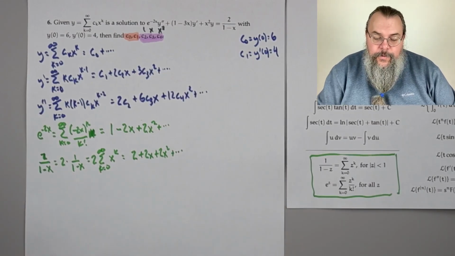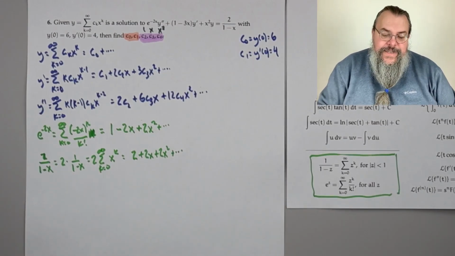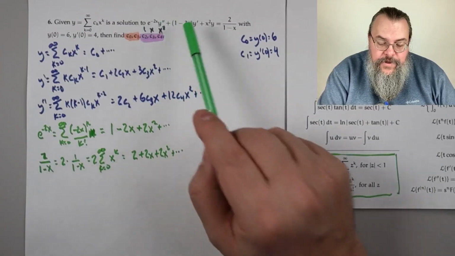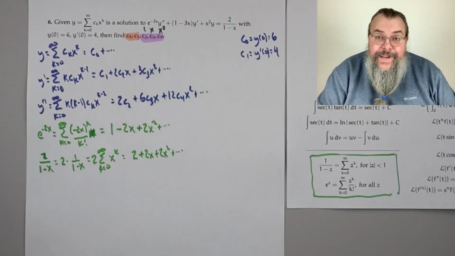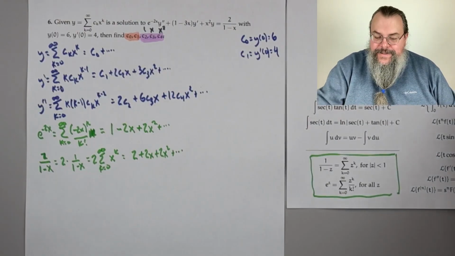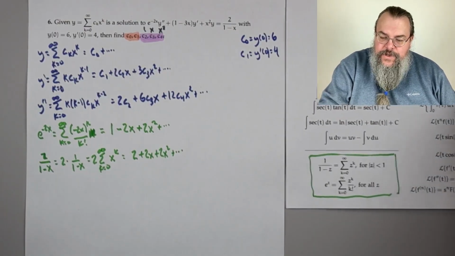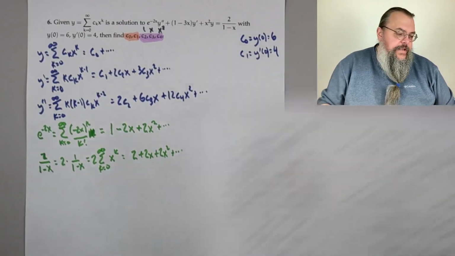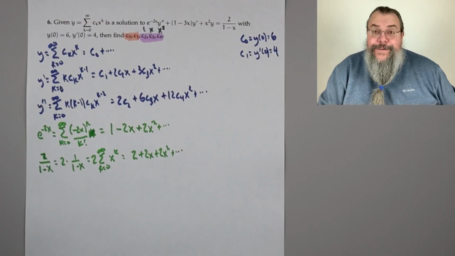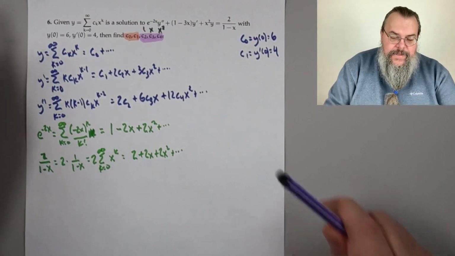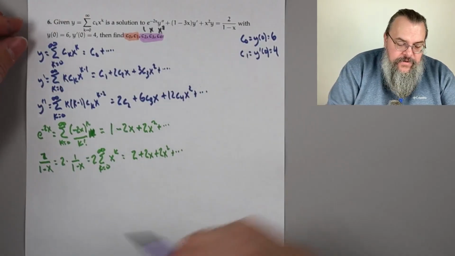So, what's the punchline? Every single term here becomes a polynomial. That's the idea. That's the whole idea. And now we just are going to write it out. And so let's start. We'll start with our left-hand side. Okay, so e to the minus 2x.